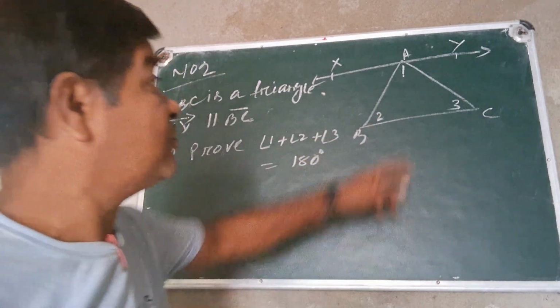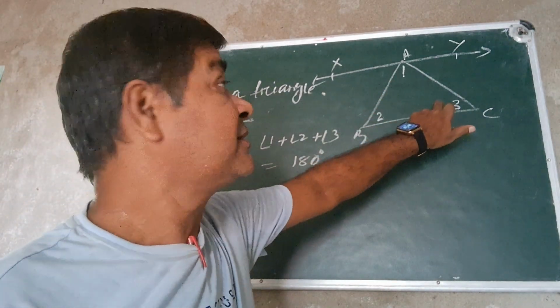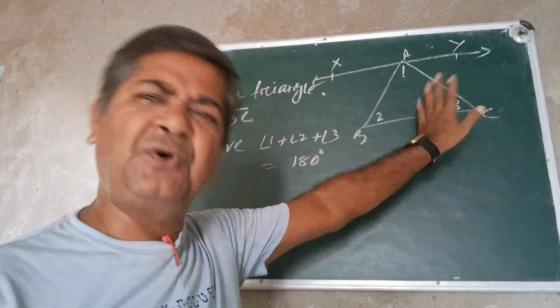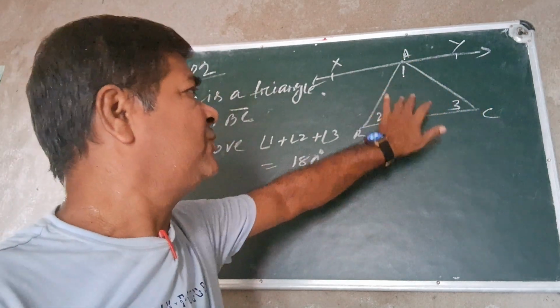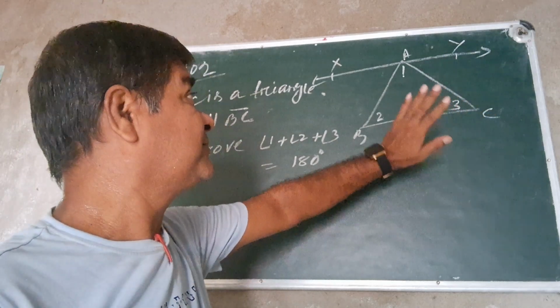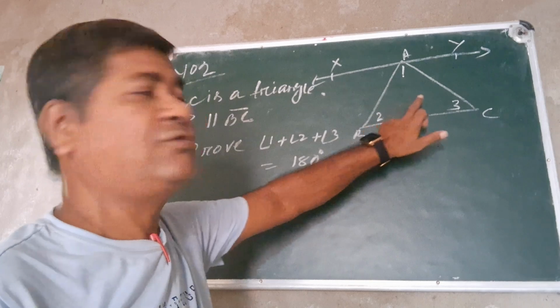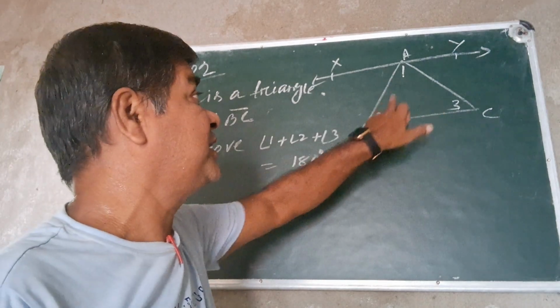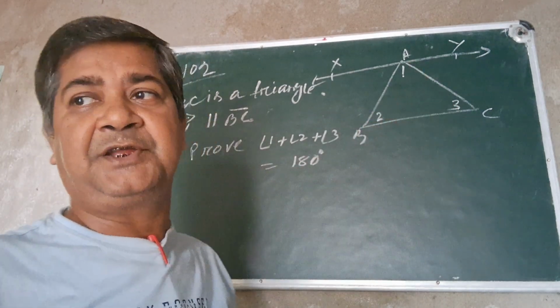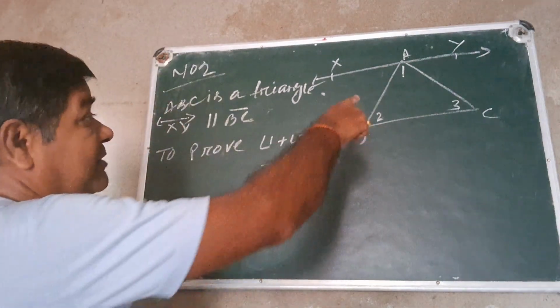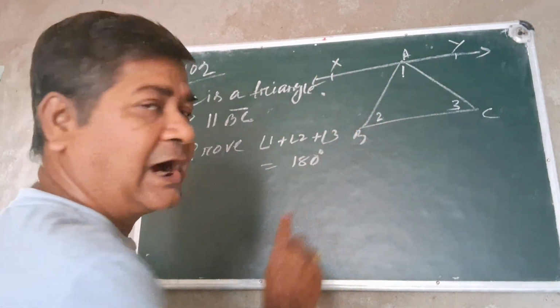That means the sum total of the 3 angles of a triangle is 180 degrees. We know it very well, but now we are going to prove it. The sum of the 3 angles of a triangle is 180.